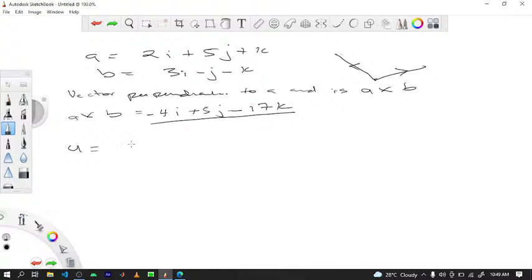Unit vector is just the vector divided by its magnitude, right? So you have a vector like this. Let's say it has a magnitude of 10. The unit vector of this is just this vector here divided into 10 parts, right?